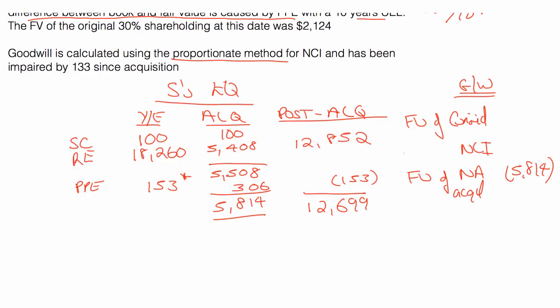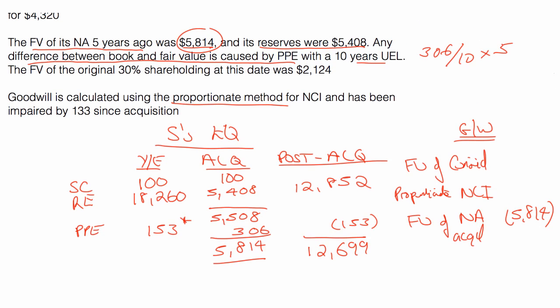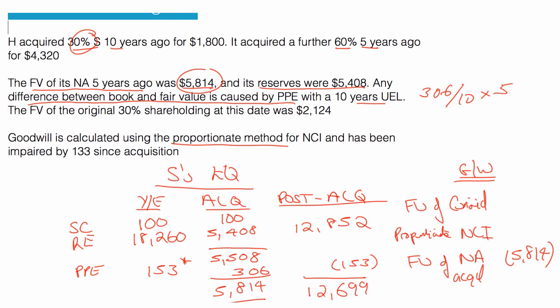There you go. So, proportionate NCI. So, by the time it was acquired, we therefore had acquired ourselves 30% plus another 60. We'd acquired 90%. So, therefore, NCI is 10%. 10% of the 5814 is 581.4, isn't it? So I'll call that 581.